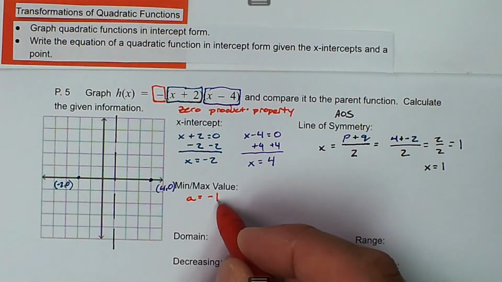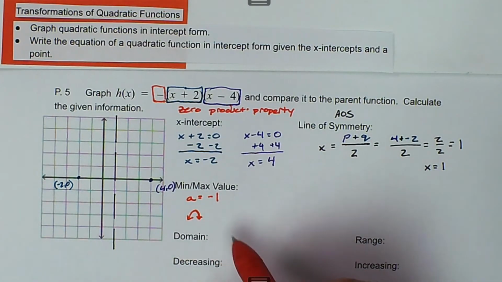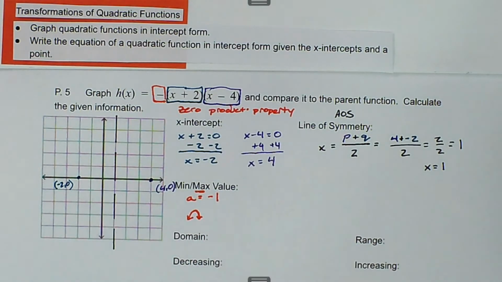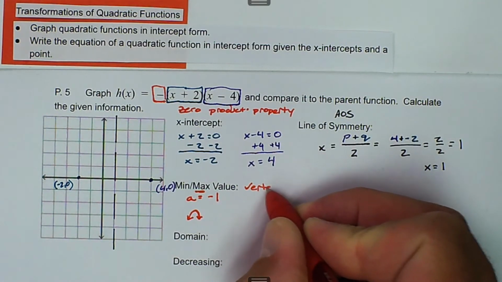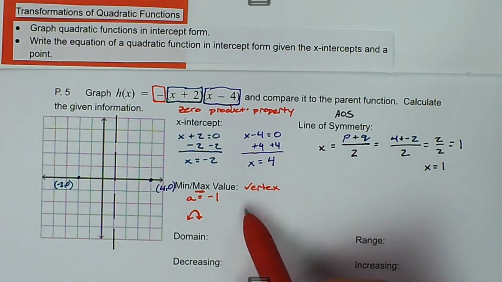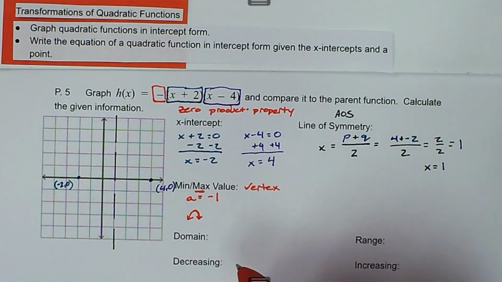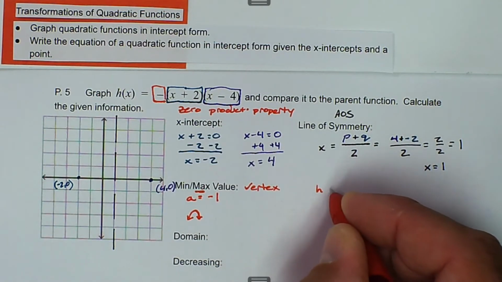So if it's a negative value, we know that we want to have it open like this, concave down. So we're going to be looking for a maximum value. And the way that we calculate this is we're looking for our vertex. And so we get to substitute x equals 1 back into our original equation, and we get to see what we get for our vertex.